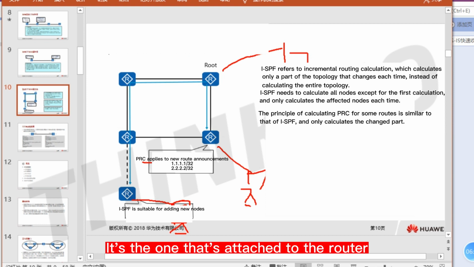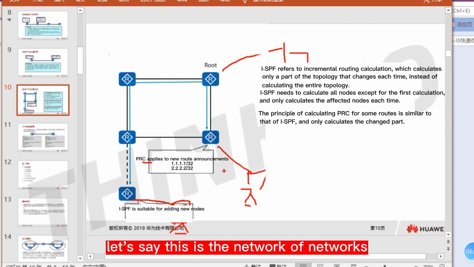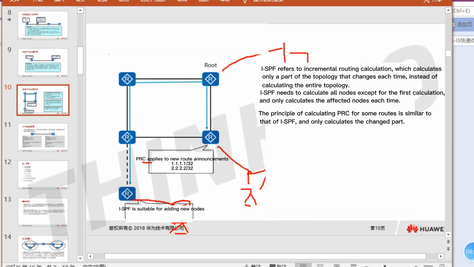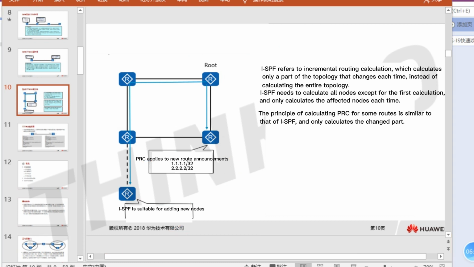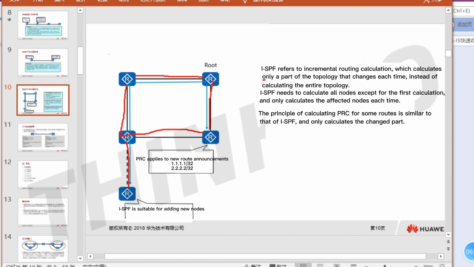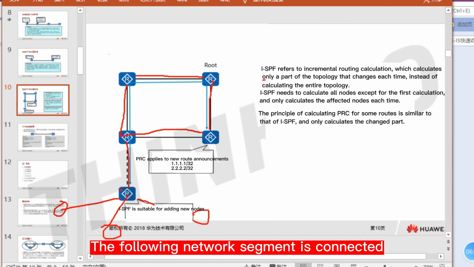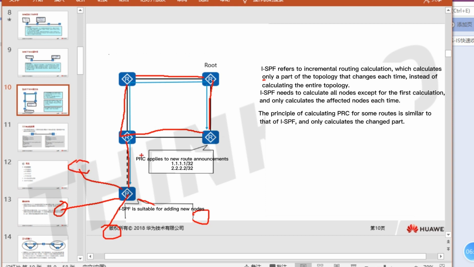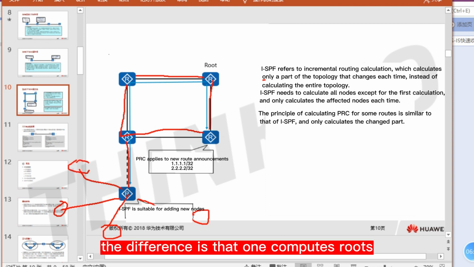It's the network of networks attached to the router, like the server segment or some other device. ISPF is the tree trunk, the routers connecting to routers. PRC computes routes, and those are the leaves, the connected network segments. The principle is similar; the difference is that one computes routes and the other computes nodes.